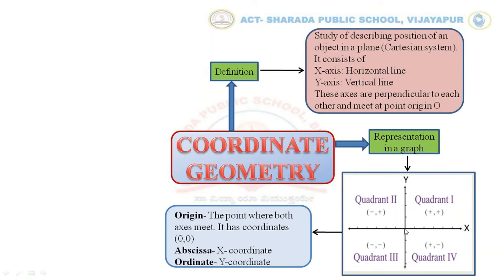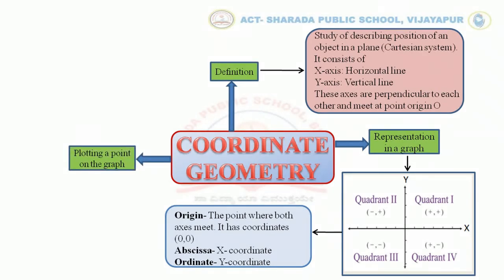So at the origin, both x and y values are 0. We call the x coordinate the abscissa and the y coordinate the ordinate.